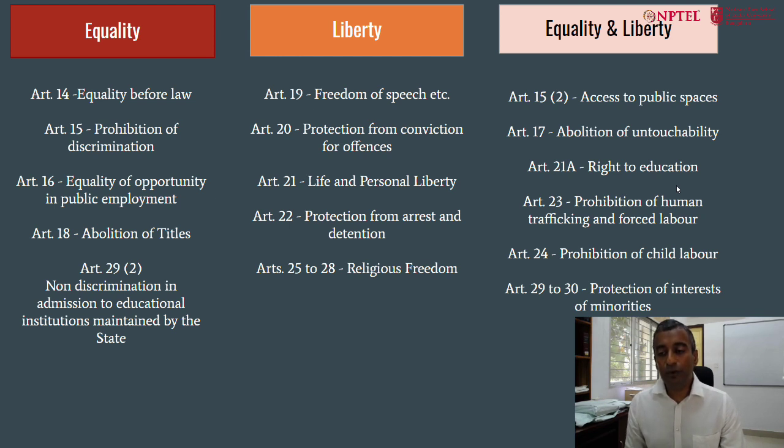Article 24 and Article 23 deal with specific problems of the social sphere peculiar to India. The problem of human trafficking and forced labor. These were initially very closely tied to the caste system and then find later manifestations related to the caste system and beyond, as well as a prohibition on child labor.